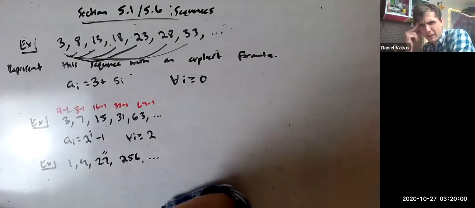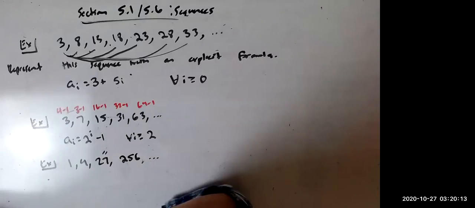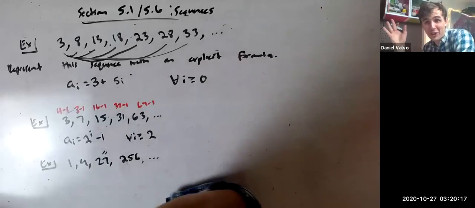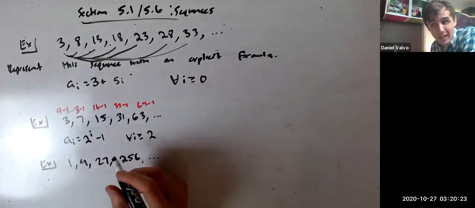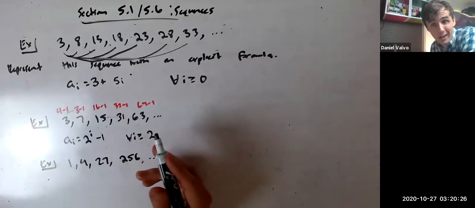Just start naming facts about it. The pattern looks like i to the power i. Exactly, Afra. What I was going to say is 27, it's like 9 squared.